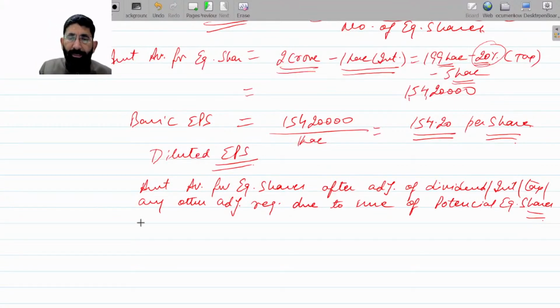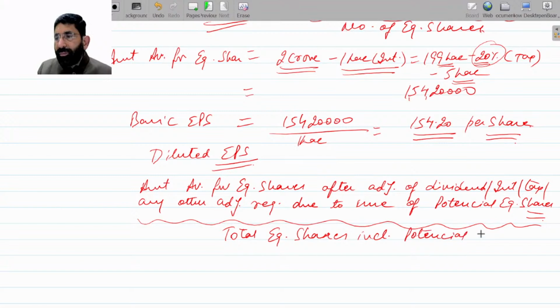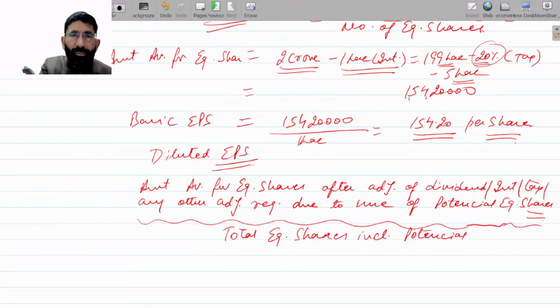After that you have to calculate the amount available for equity shareholders, and that will be divided by the total equity shares, including potential equity shares.